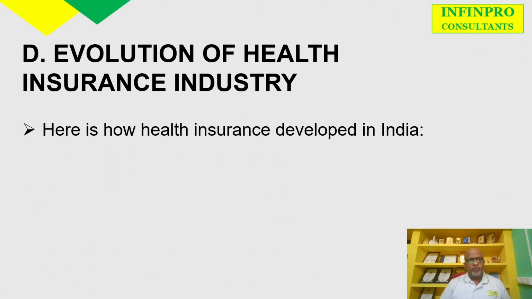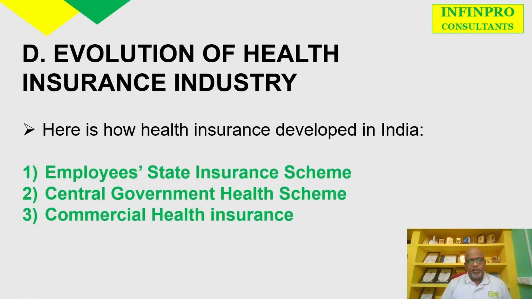Right. So moving forward, health insurance as an industry has evolved over the years. Should we recall the mid 1980s, where health insurance as a concept was catching up in our society, and from there till now, the industry has evolved very well. Here is how health insurance has developed.